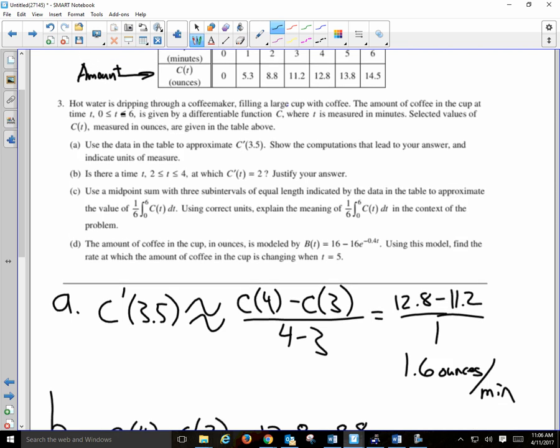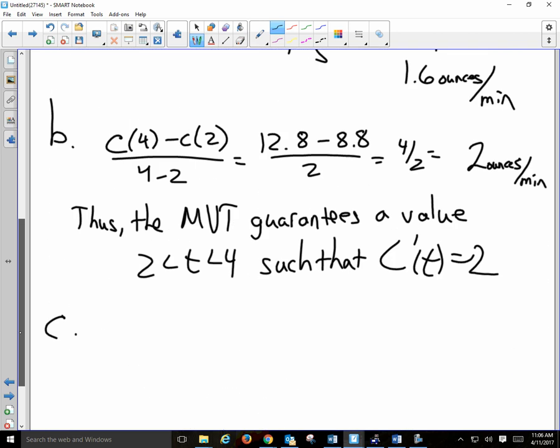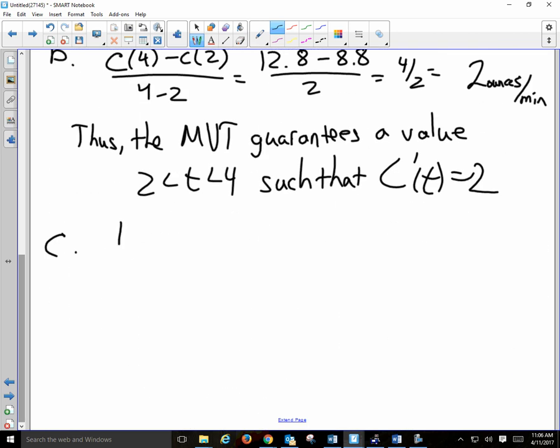Okay, let's look at the next part. It says use a midpoint sum with 3 subintervals to approximate the value of 1/6 integral 0 to 6 of C of t dt. Then we'll interpret it. How many subintervals? 3.